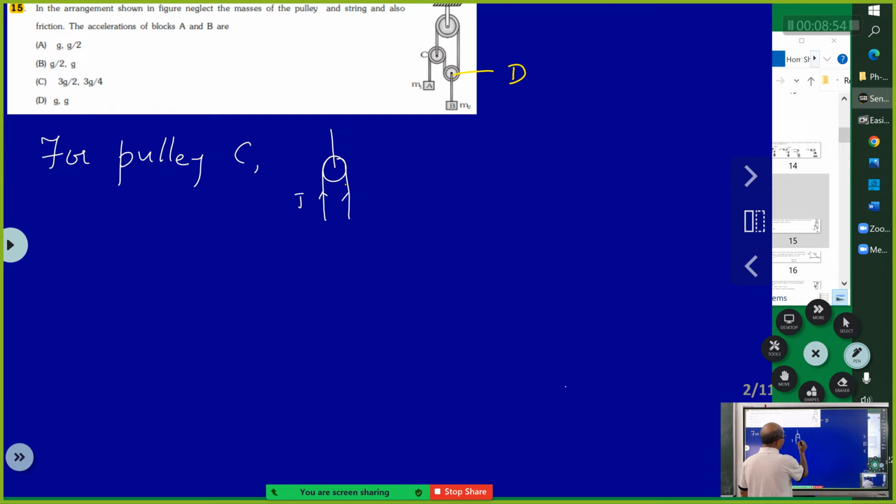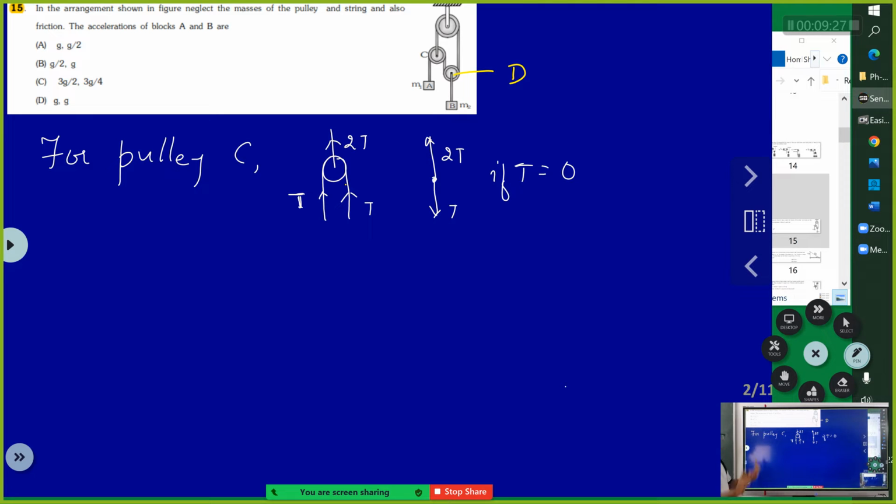So if you take these two tensions to be T, then this tension is 2T. And they are told the pulley is massless. So if this is massless, then you will get a condition that this is 2T and this is T and this is massless. So this condition is only satisfied if T is equal to 0.